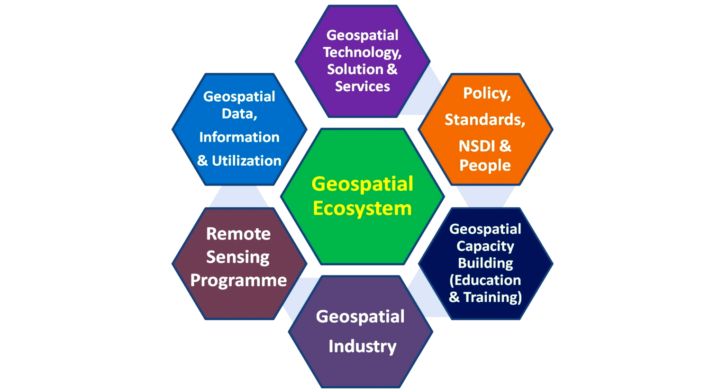And as they interact more, the geospatial ecosystem also develops and ultimately contributes to geospatial market development, and in that way it creates an enabling condition where, when you study geospatial science and technology, you become an important stakeholder and participant in this entire geospatial ecosystem.